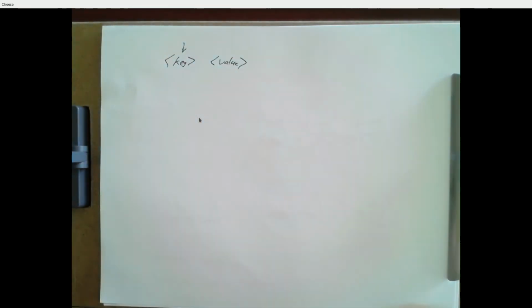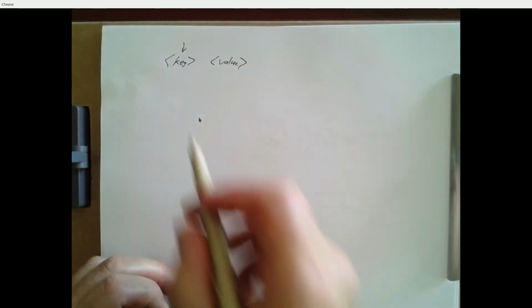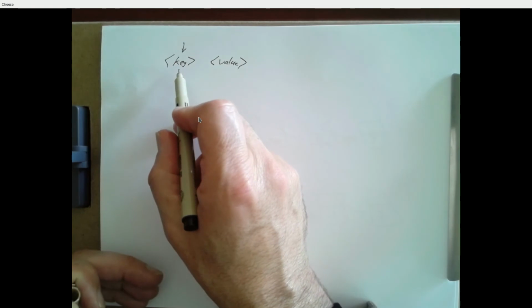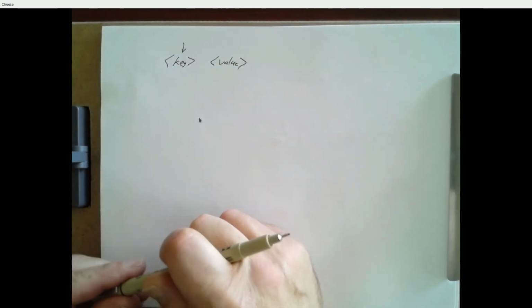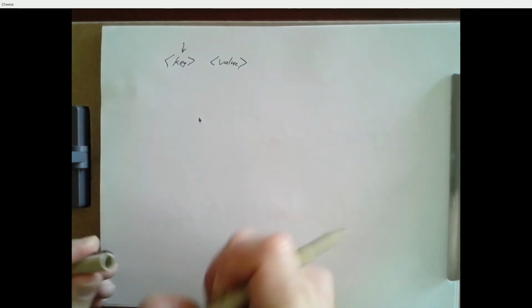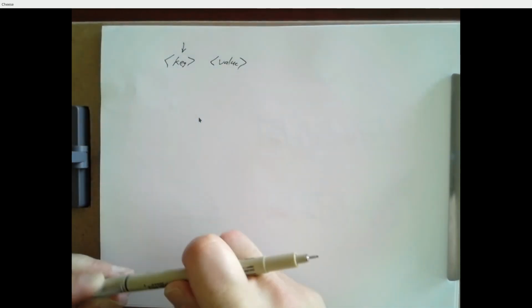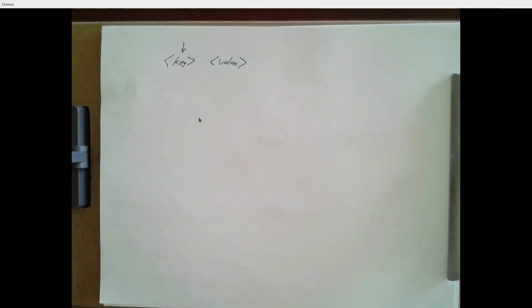So the key is kind of like an index into this associative array. We can say, tell me the data stored at index key, and it'll give us back whatever that data is that's stored there. So with an array, our keys are sequential integers starting at 0. In a hash, they can be anything. They can be strings, they can be non-sequential integers, they can be any type of object.